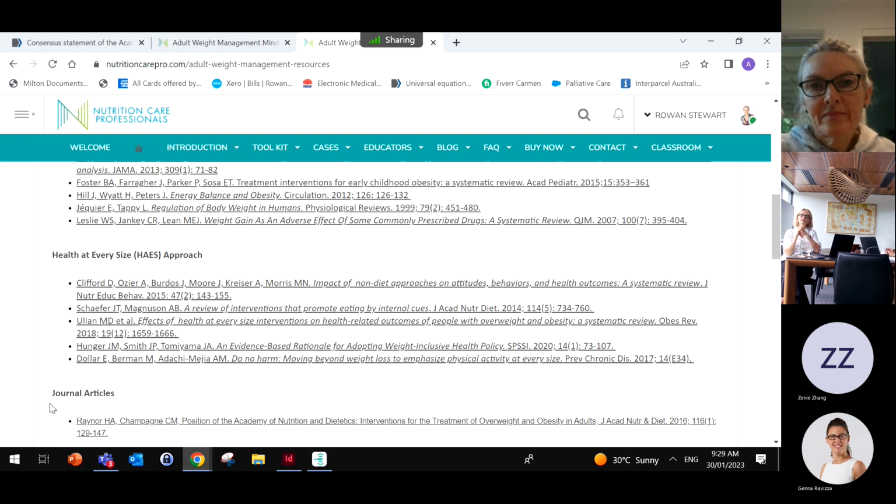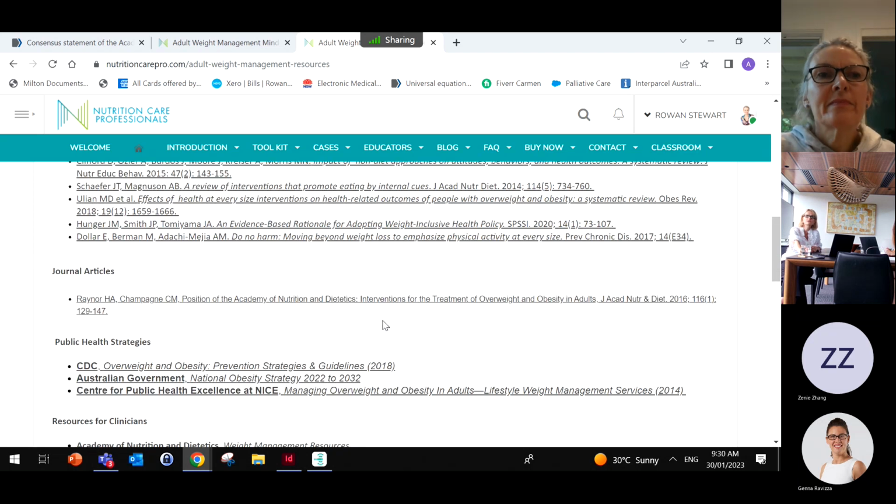So we know that energy deficit diets generally will not work for people. And that's why we would call upon the health at every size approach, which may or may not lead to weight loss, but it may, and often does, lead to changes in the patient's lifestyle, which bring on healthier behaviours and behaviours which lead to longevity. So feel free to have a read through those resources, very interesting part of the weight loss literature.